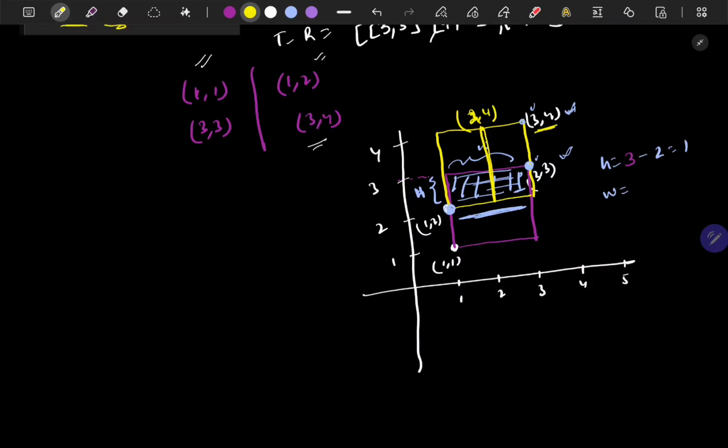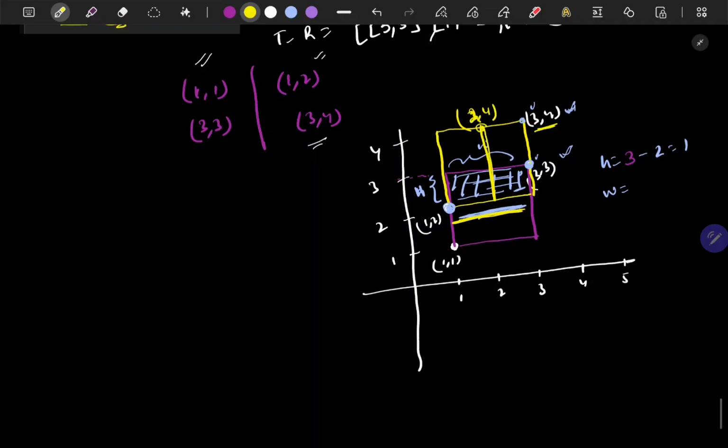Which width do we need to find? We need to take this one and this one, and we take the minimum of these two x values. So of 2 and 3, the minimum is 2, so we will get this length 2.